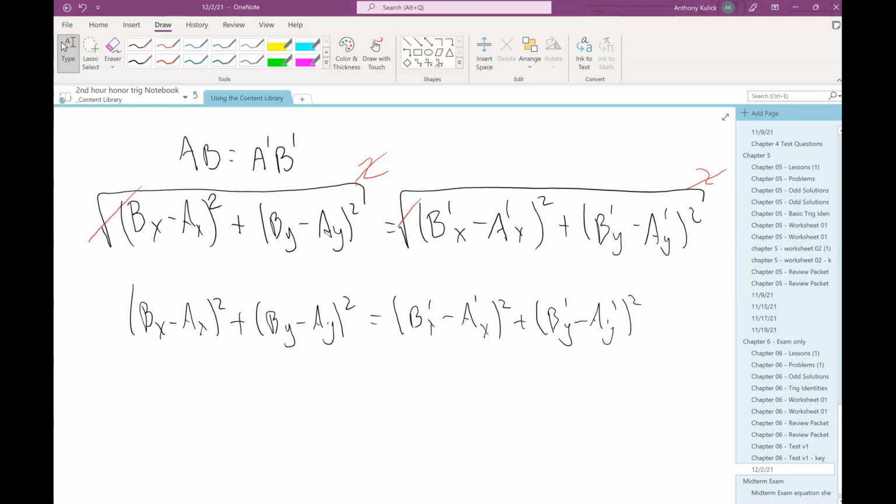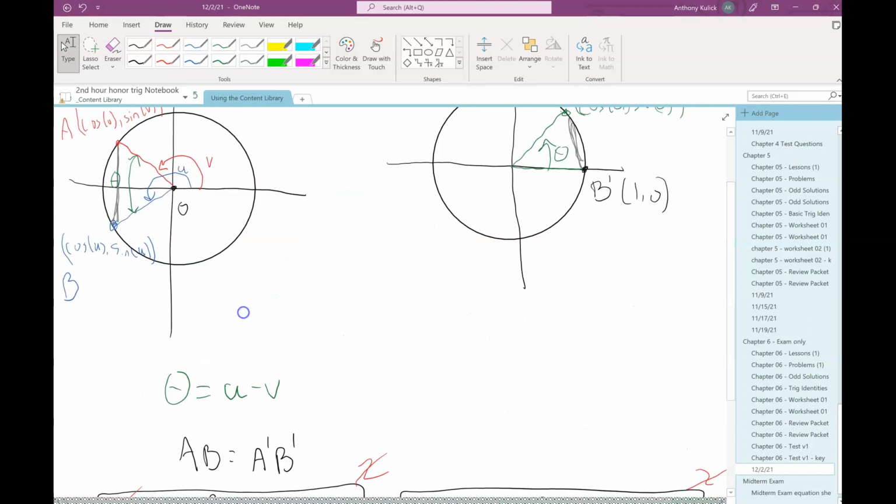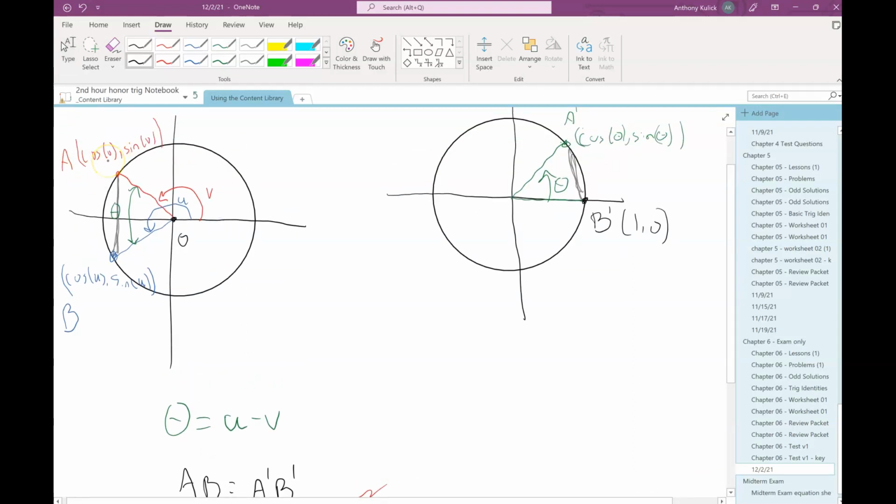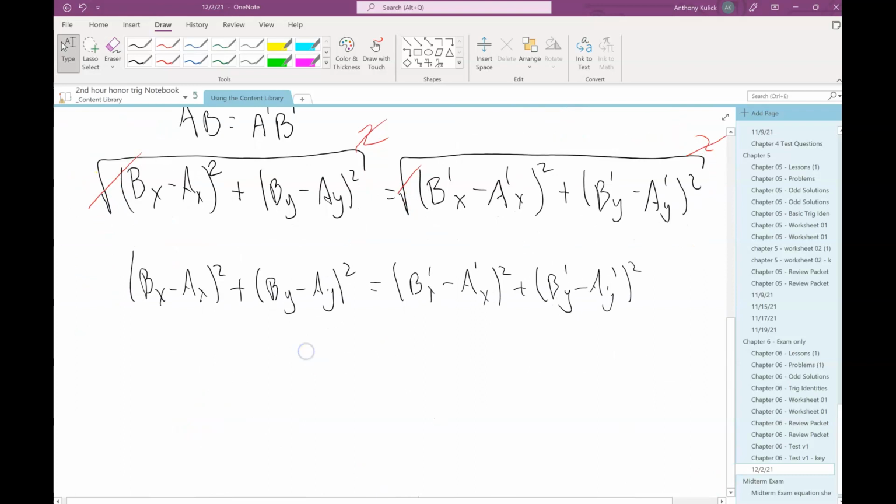So the x-coordinate for B was, in our case, cosine u. And the x-coordinate for A was cosine v. And similar here, except these are sines.